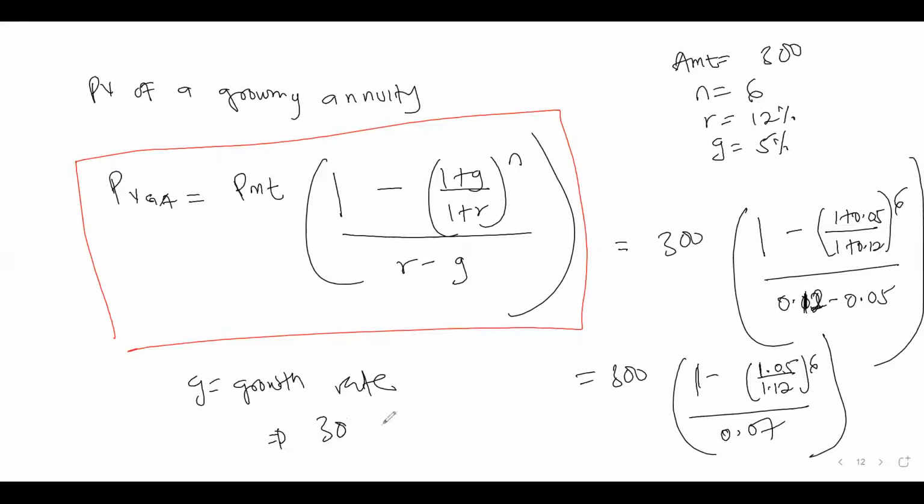So now we have 300 into brackets, 1 minus, and you can punch everything here, as in 1.05 divided by 1.12 raised to the power 6. So it's 0.6789.